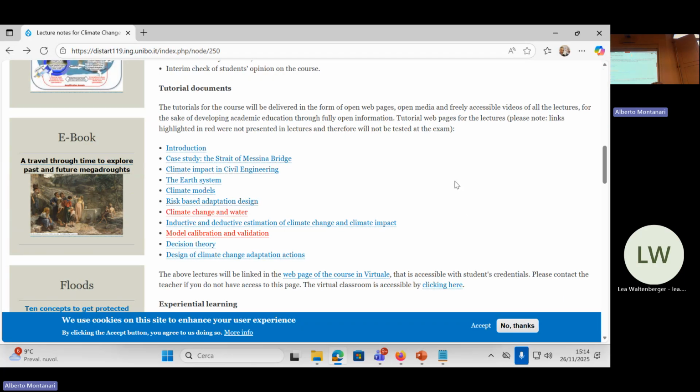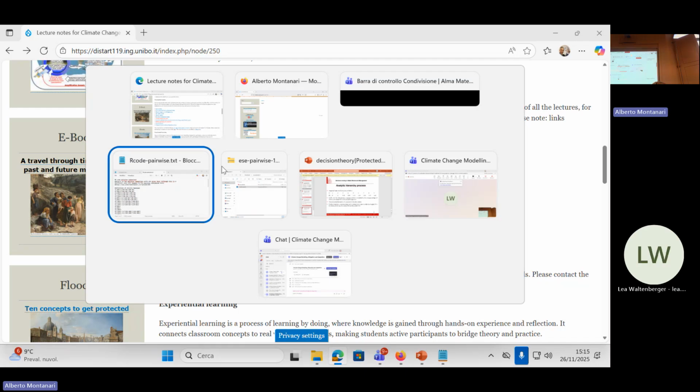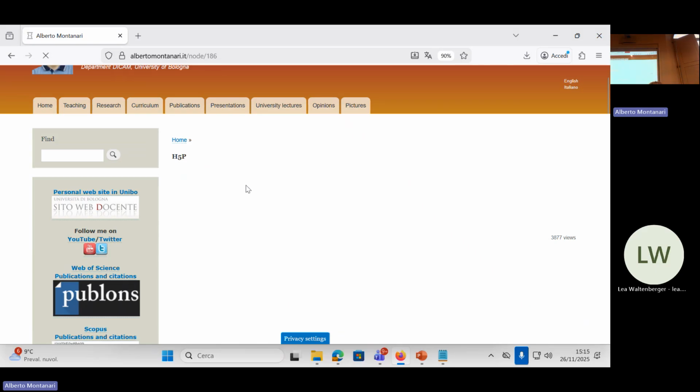Anyway, the introduction was related to the numbers of climate change. From this lecture, you have to remember the numbers, like there was an indication of the CO2 concentration, and an indication of the total population of the Earth.